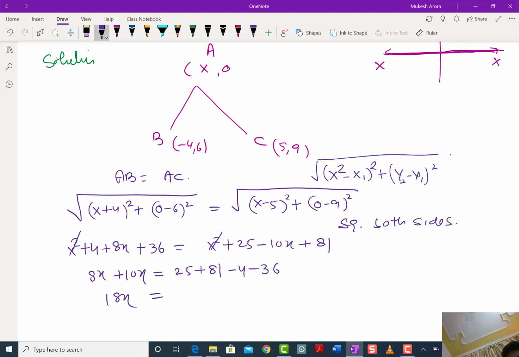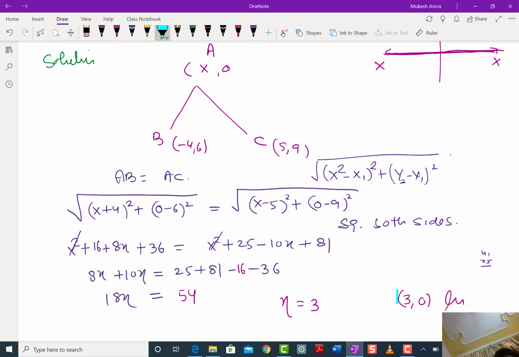18x is equal to 54. So x will be 3. So the coordinate on the x-axis will be (3, 0).